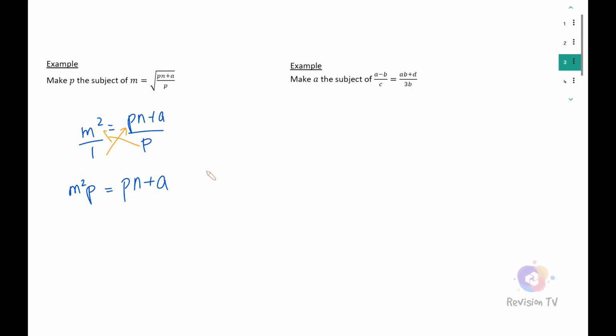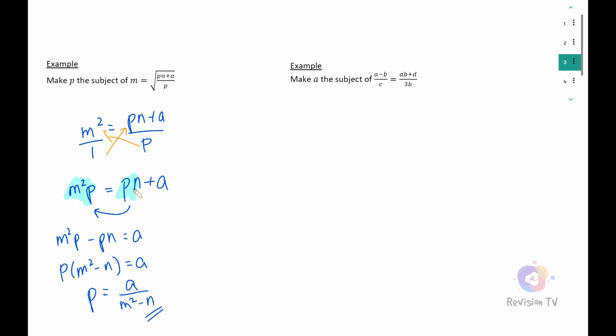Next, like the previous example, we need to put both terms with a p on the same side. So we move the pn to the left hand side: m squared p minus pn equals a. Factorize: p bracket m squared minus n equals a. To get rid of this multiplying bracket, we divide it. So p equals a over m squared minus n.